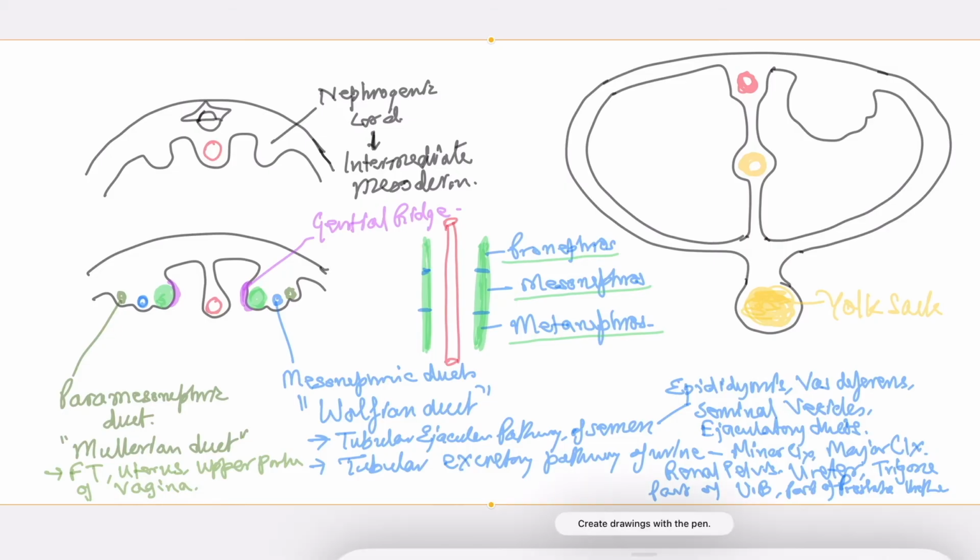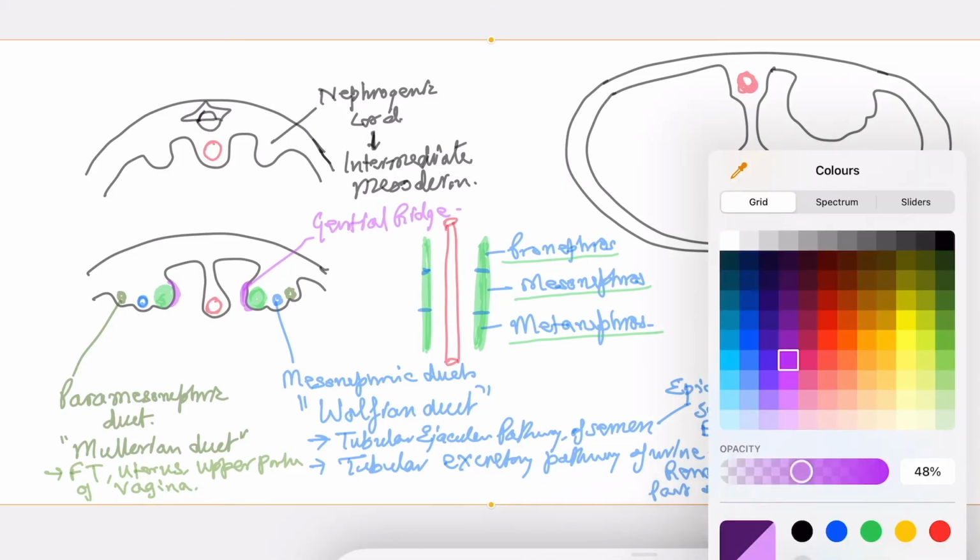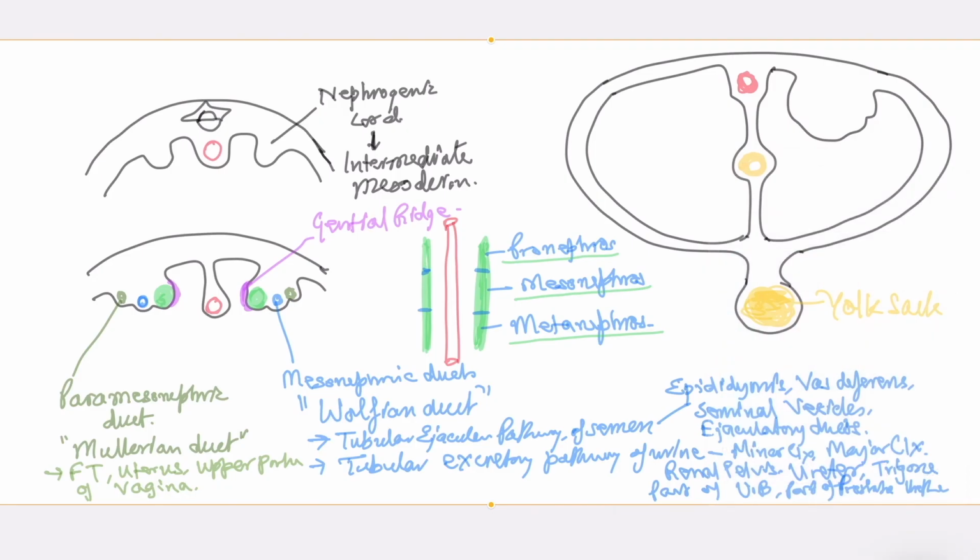Now we are back to the development of the testis. Remember what I was saying: the thickening of the epithelium, the peritoneum, the coelomic epithelium, thickens in this region, the medial side of this nephrogenic cord. Basically, we're talking now of the mesonephros. The section I've drawn is at the level of the upper lumbar region.